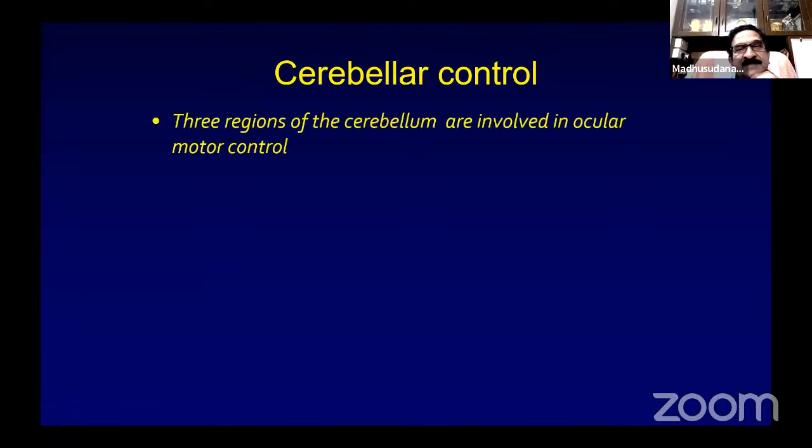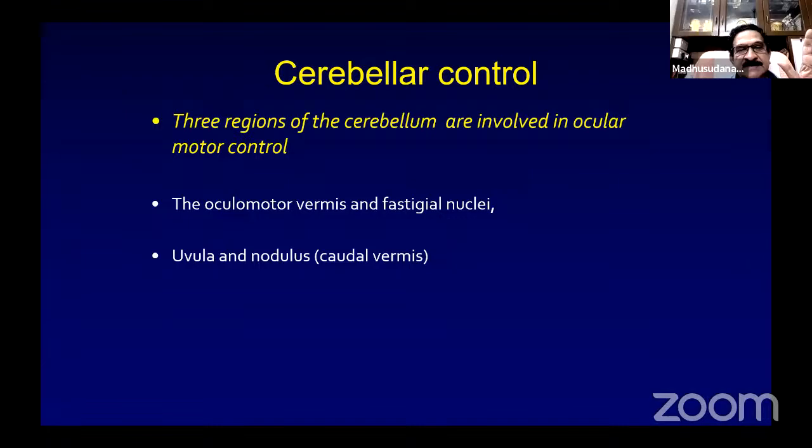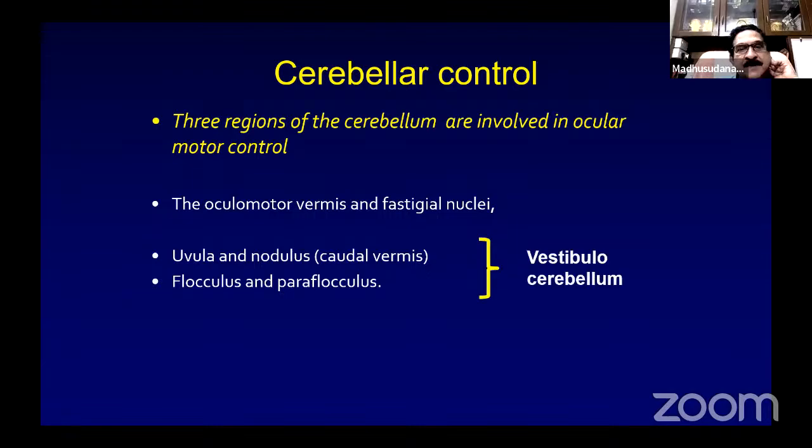That is a function of the cerebellar control. There are three regions of the cerebellum involved in oculomotor control. One is the oculomotor vermis and the fastigial nuclei. The second part is the uvula and nodulus, the caudal vermis, and the flocculus and paraflocculus. The latter two contribute to the vestibular cerebellum, the floccular and nodular lobe.